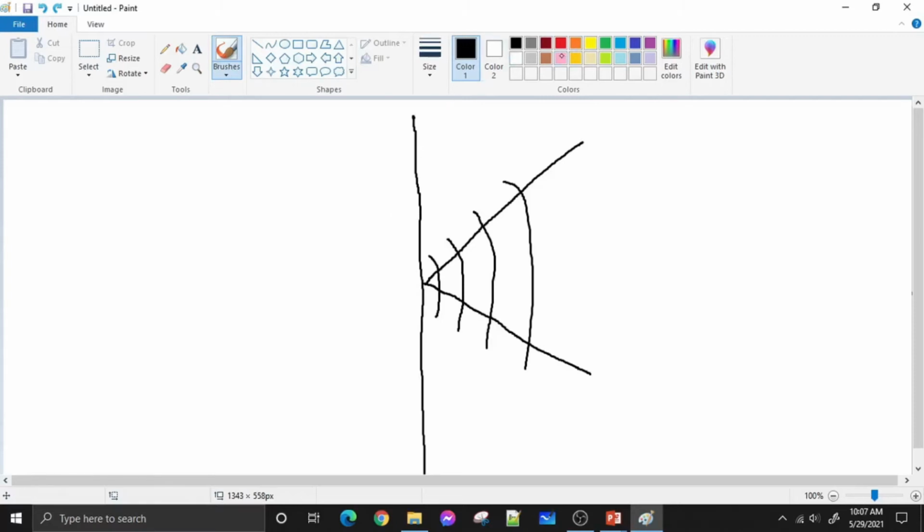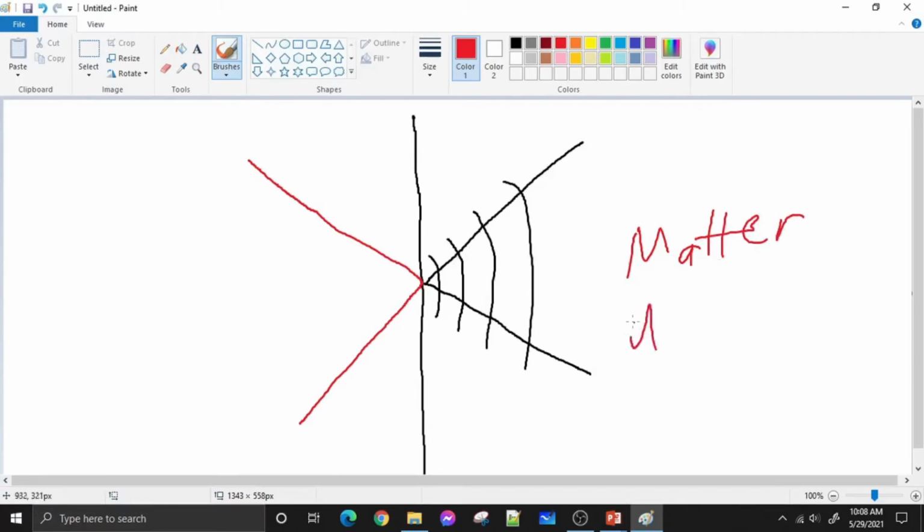The Big Bang happens because it separates matter and antimatter. So we have this imaginary mirror that divides the matter and antimatter. So this side here is matter, where universes form, while on the other side is the antimatter.